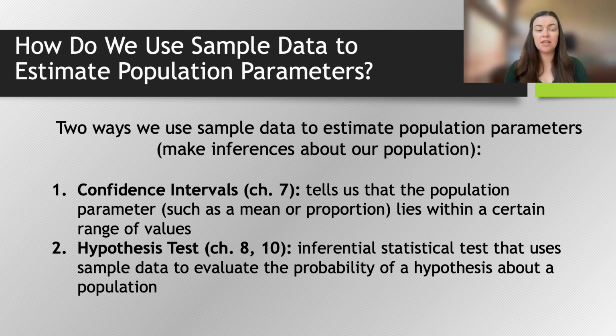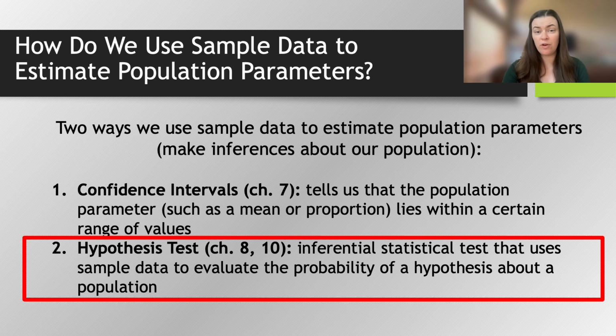Chapter 8 focuses on hypothesis testing, which is where we use inferential statistical tests that use sample data to evaluate the probability of a hypothesis about a population. And so that's what we'll be focusing on in today's video and the next one. So just keep that in mind as we move throughout each of these.